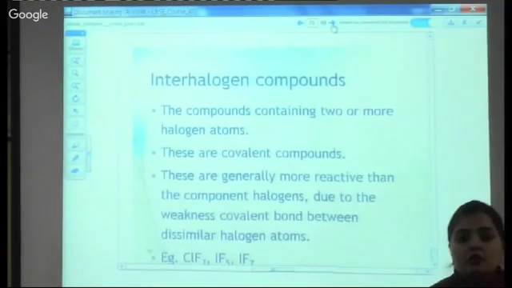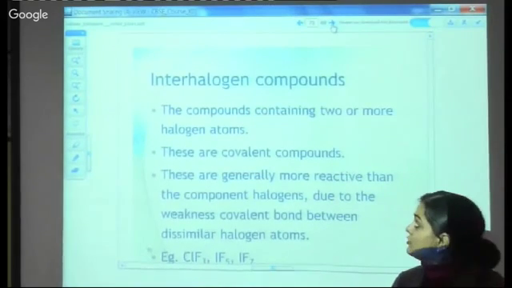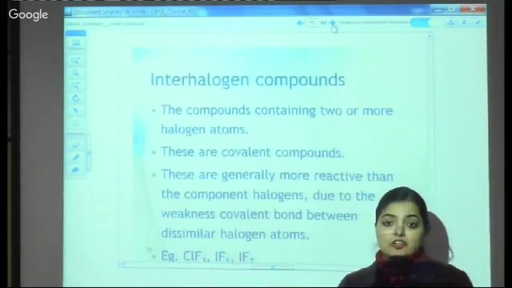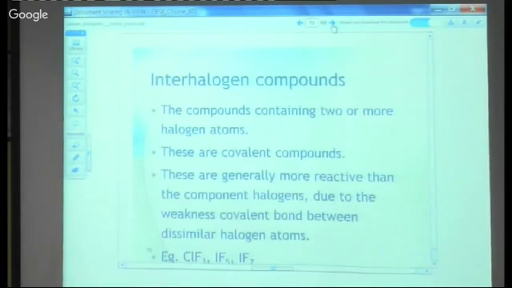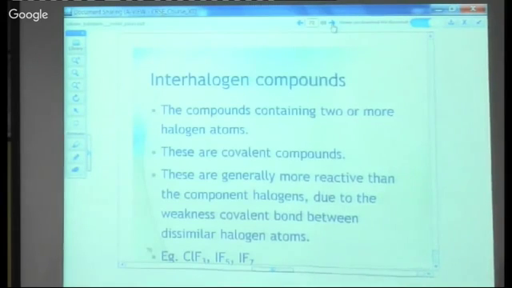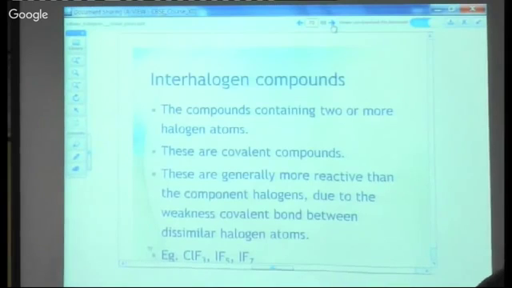Since these are in your course, if we look at the interhalogen compound ClF3, if I draw a structure for ClF3, now there is chlorine with 7 electrons in its outermost orbit, or valency is 7.